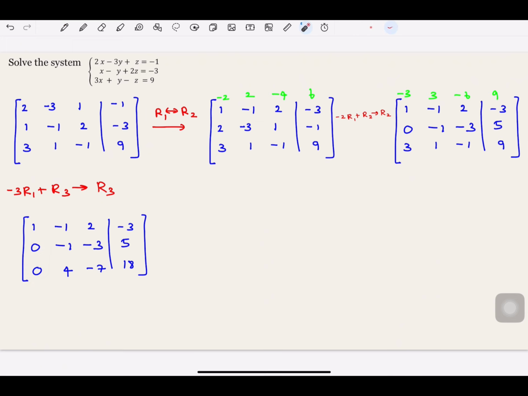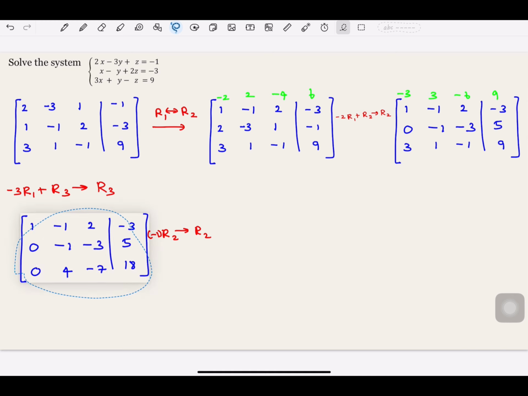Now let's move into the second column. So this is fine, but we have to make this a positive 1. So to get a 1 in the second entry in the second row, we multiply the second row by negative 1. So you have to multiply R2 by negative 1, and you have to replace it with negative R2. Okay, so I'm going to copy this down again.